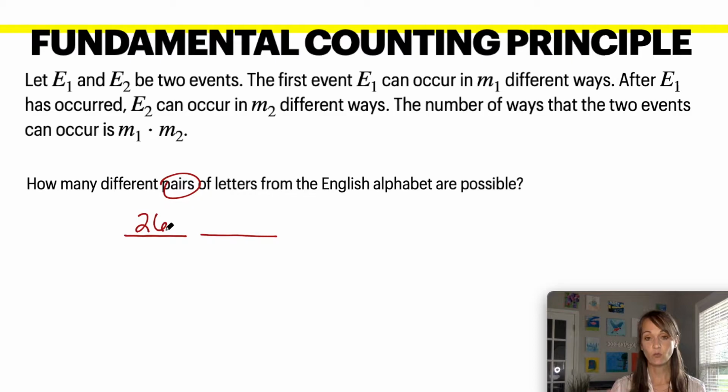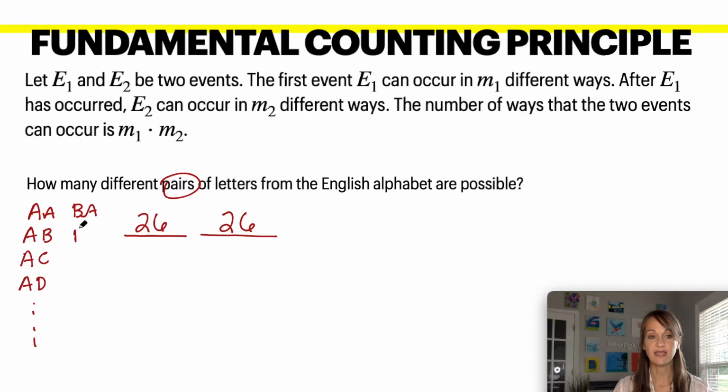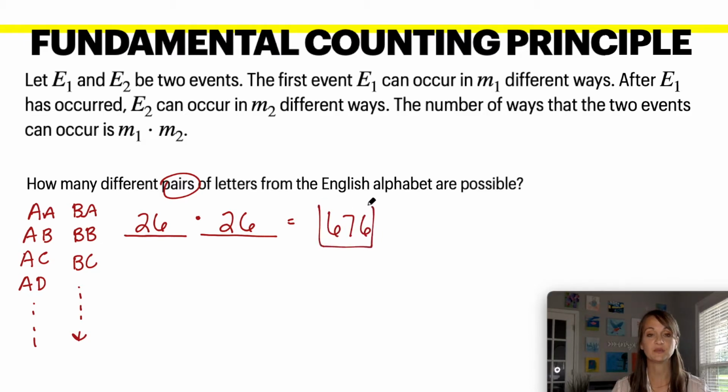You choose one letter, and for the next letter, you still have all 26 to choose from. Because you could have AA, AB, AC, AD, all the way down to AZ, and then you could have BA, BB, BC, all the way across to ZZ. So according to the fundamental principle, you multiply 26 times 26 to get your answer, which is 676 different possible outcomes.